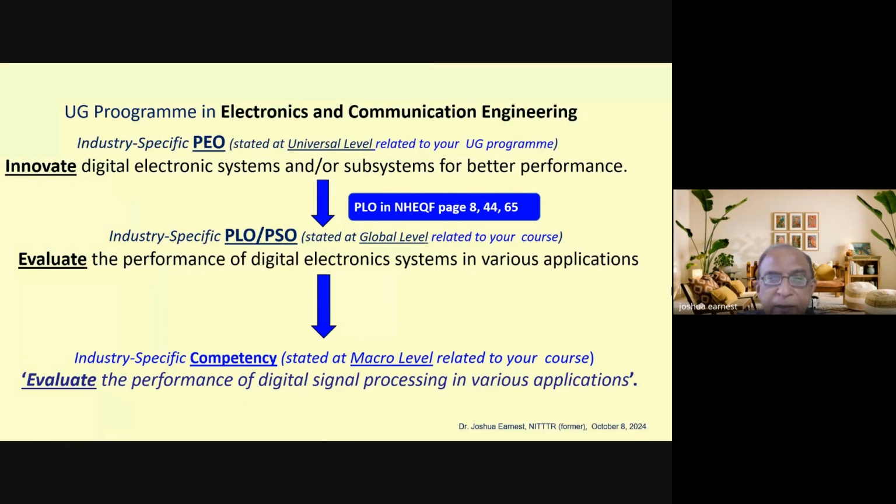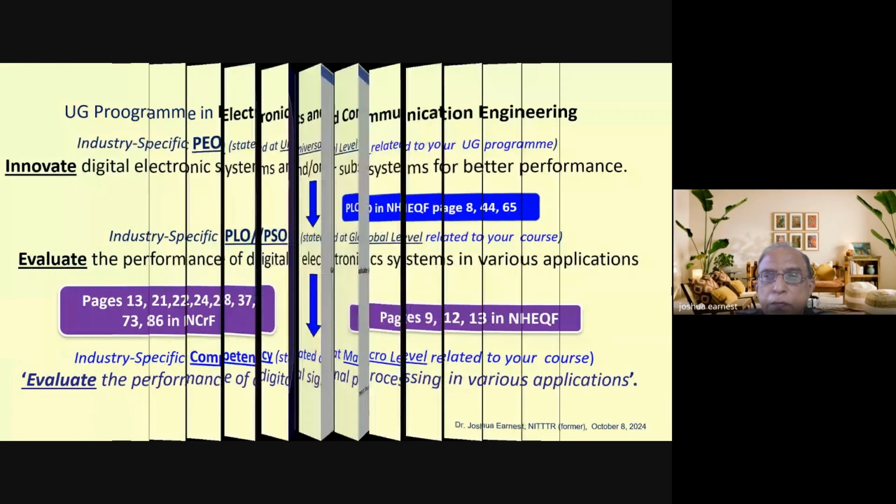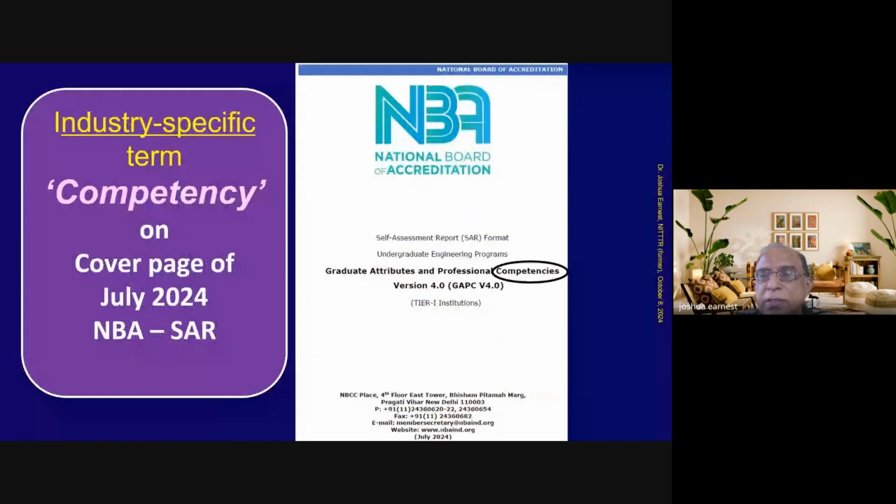Is it clear? NCRF and NHQF talk about this in all these pages, and because of that NBA has included it. Before SAR 2024, competencies were not there, but now they are still not going forward; it is still at the cover page.